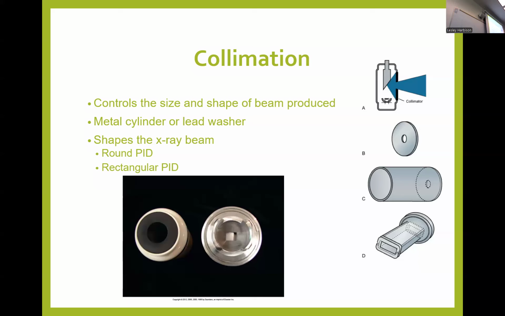In our rooms, and this is going to make the dental assistants who've taken X-rays for a long time adjust, if you've never taken an X-ray with a rectangular PID, it's considerably easier to cone cut or have a beam centering error. So this is going to be a little bit of an adjustment, even if you've taken X-rays for a long time. The collimator can be rectangular or it can be circular, but it is going to restrict the size of the primary beam that comes out of the end of the machine.